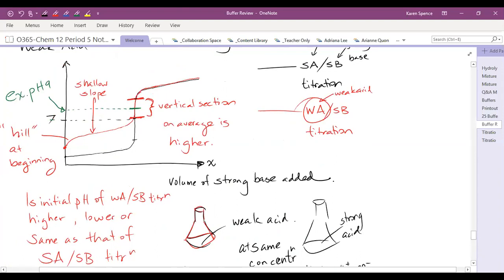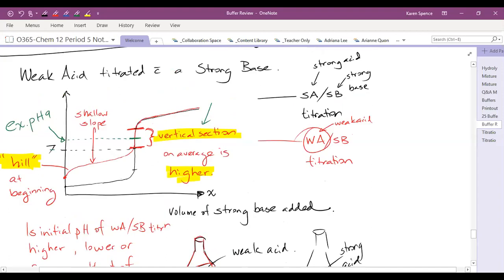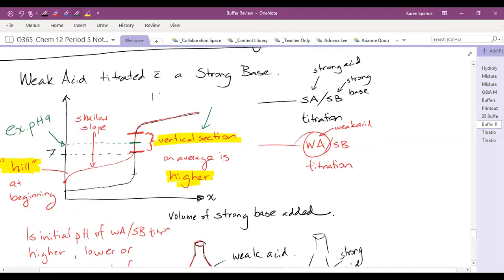We have this hill at the beginning when we have a weak acid in our flask. And the vertical section is on average higher, which means that the pH at the equivalence point is greater than 7.